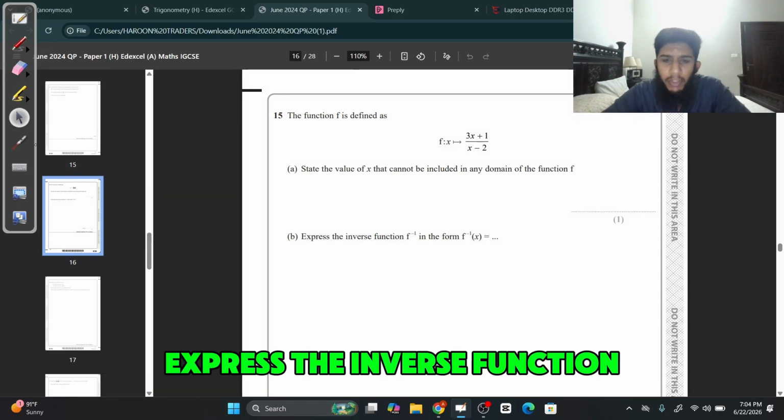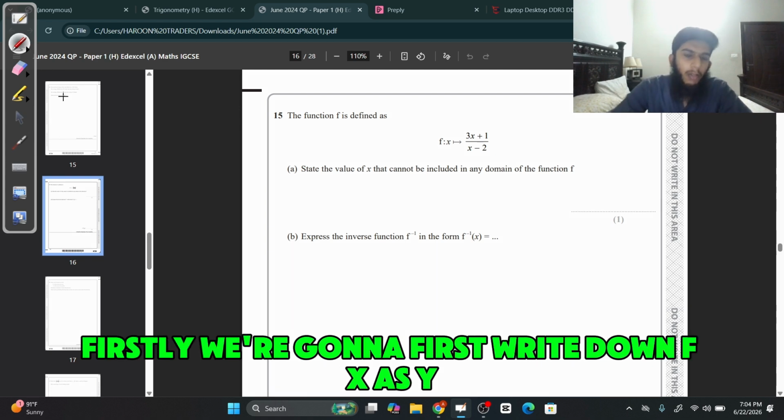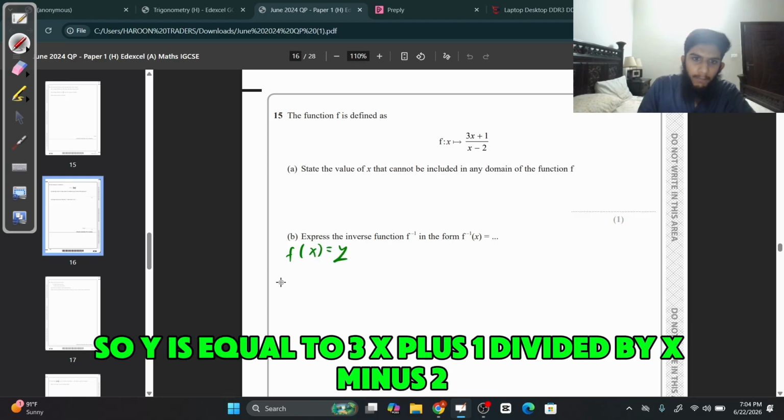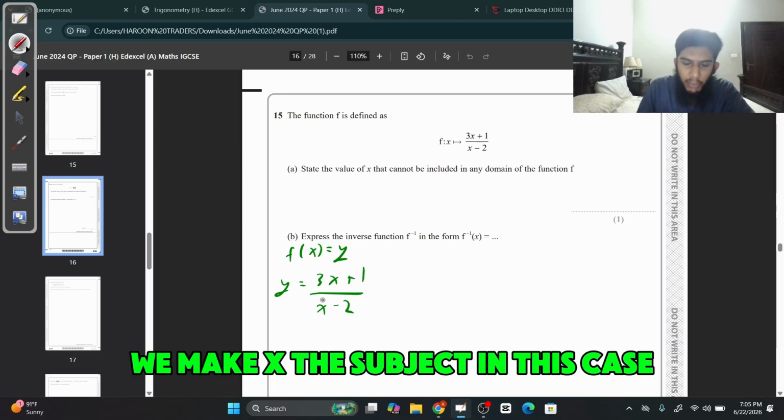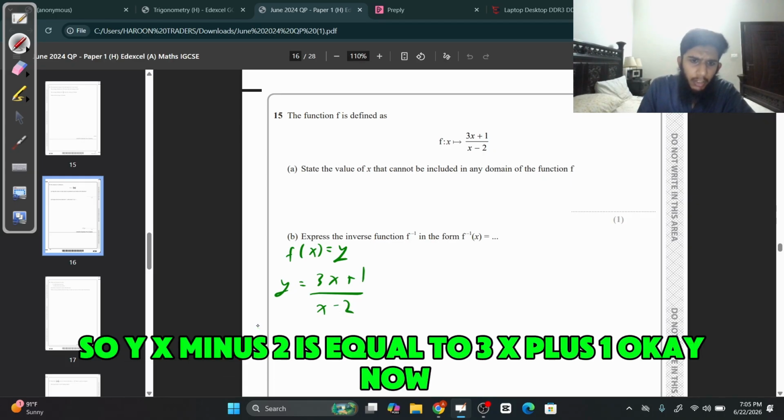Express the inverse function f inverse in the form f inverse of x. Okay, firstly, we're going to write down f(x) as y. So y is equal to (3x plus 1) divided by (x minus 2). We make x the subject in this case. That means I'll take the x minus 2 there. So y times (x minus 2) is equal to 3x plus 1.